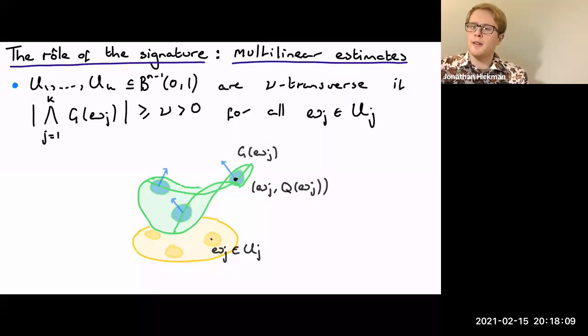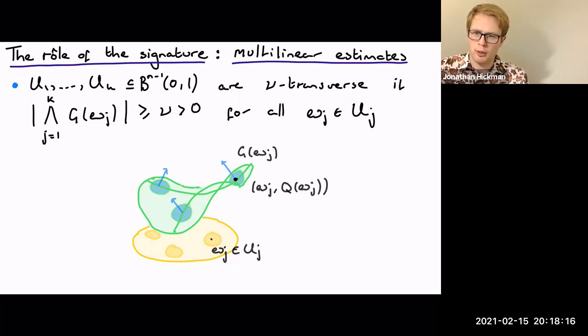Now, we'll say that the sets u1 up to uk are nu transverse if whenever you pick such a k-tuple of points omega j, and we form the k-tuple of normal vectors g omega j, then these vectors are quantitatively linearly independent. More precisely, if we form the k-fold wedge product of these normal vectors g omega j, as you can see in the slide, then the norm of this k-fold wedge product is bounded below by this parameter nu, which is some positive number.